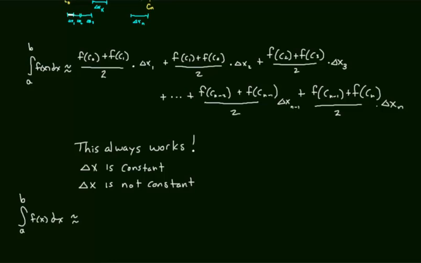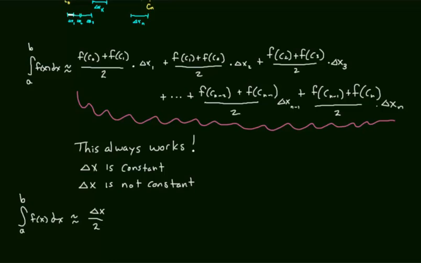So come over to this formula that we developed and think about what we can do mathematically if change in x is the same for every single trapezoid. Hopefully you're thinking you can factor out that change in x if indeed it is constant. The other thing that you can factor out is a 1/2. Notice that everything is divided by 2.